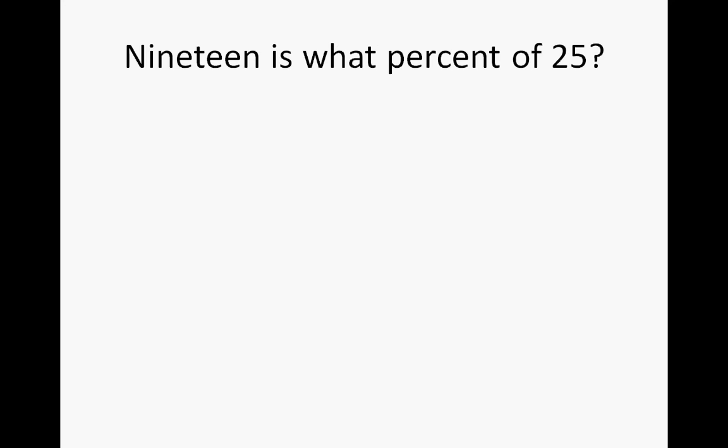All right, last one. 19 is what percent of 25? So now I want to know what out of 100 is 19 of 25. And this would be typical when you want to figure out what is your percent on, let's say, a test. If you got 19 correct out of 25 questions, what percent did you get?